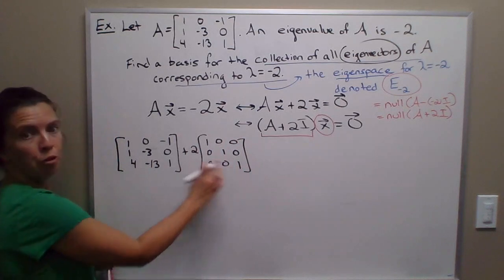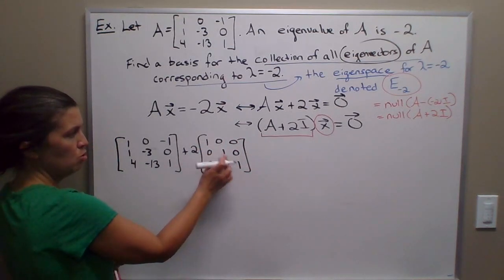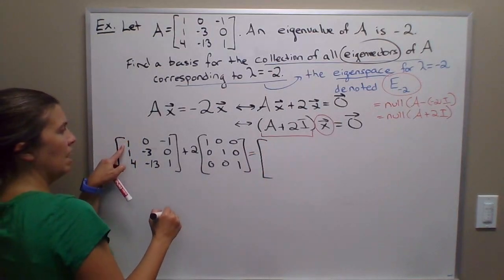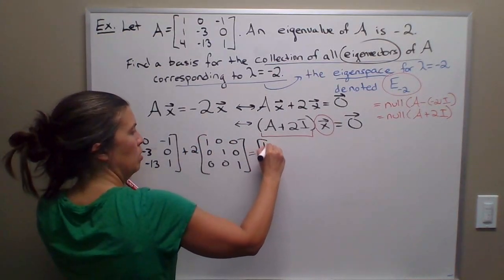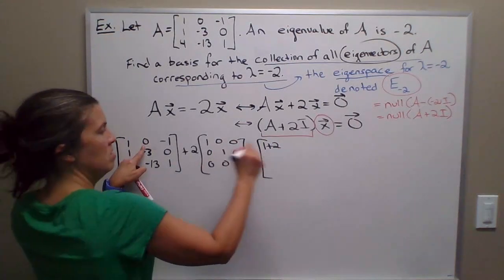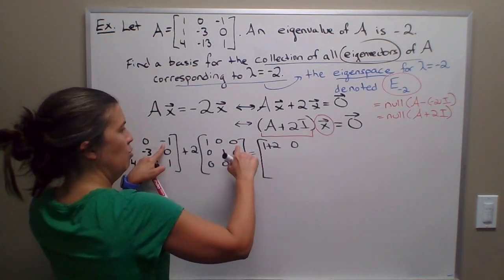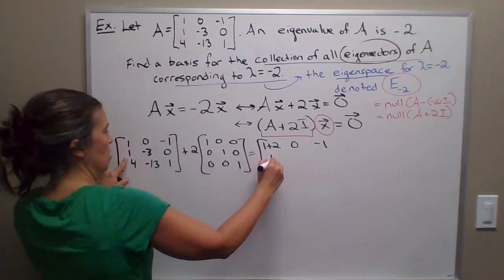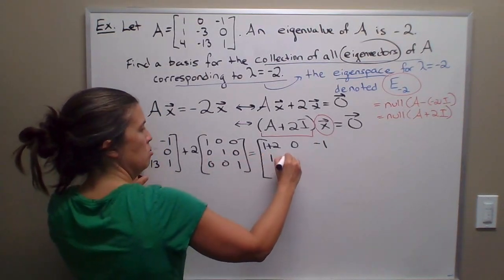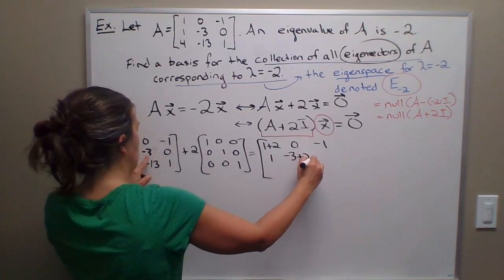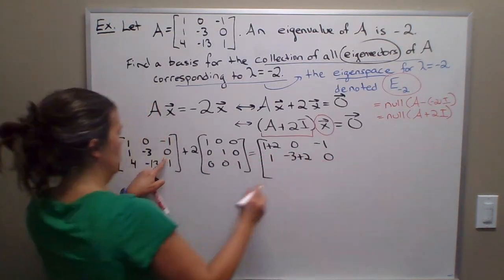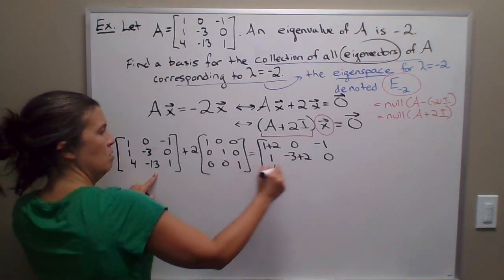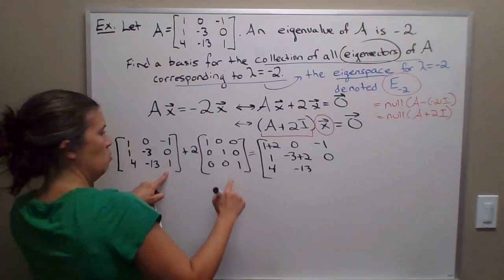If you multiply everything in here times 2, you're going to end up with 2's along the diagonal, and then you add those matrices together: 1 plus 2, and then 0 plus 0, -1 plus 0, 1 plus 0 here, -3 plus 2, 0 plus 0, 4 plus 0, -13 plus 0, and 1 plus 2.